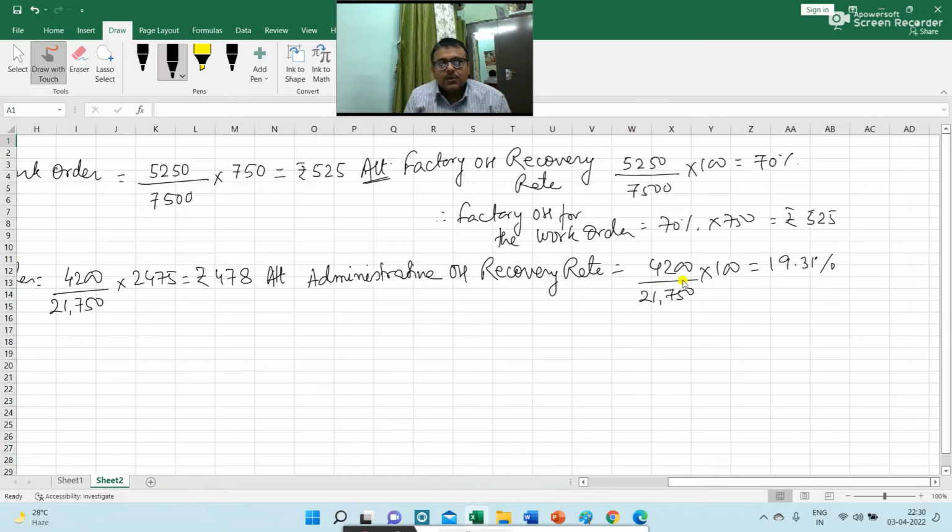It is given in the question that administrative overhead is recovered as a percentage of works cost. So what is the percentage of administrative overhead to works cost? Then you have to calculate the administrative overhead for the work order, so you have to apply this recovery rate, 19.31% into 2475, that is the works cost that you have calculated for the work order, and you will get 478.